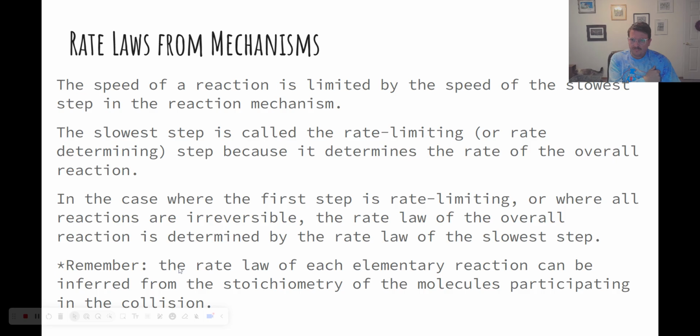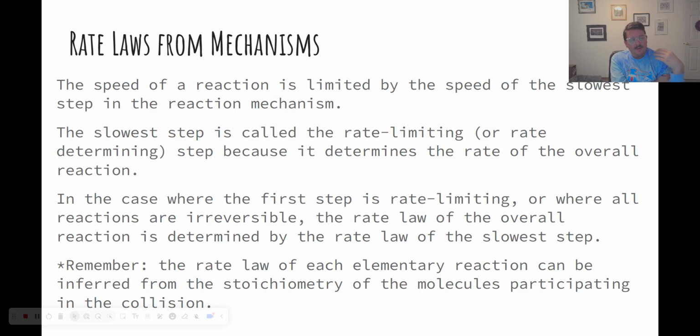Now, we know that the rate law is determined by the speed of the slowest step. That's the rate limiting step. The first step being rate limiting is the easy version of all of this, in that it's easy because for elementary steps, we can use the coefficients as our reaction orders.